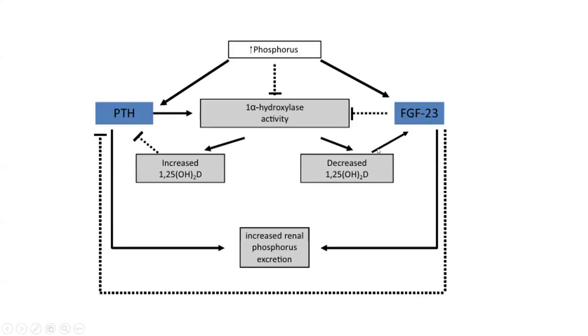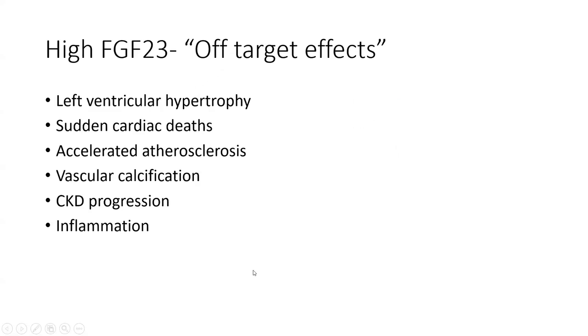So you can see how FGF23 has effects in the mineral bone disease category of CKD. Whenever there is high phosphorus, FGF23 is secreted. FGF23 will inhibit 1-alpha hydroxylase, decreasing the 1,25 hydroxy vitamin D. FGF23 inhibits the high PTH produced by high phosphorus. And because of this, it causes increased renal phosphorus excretion.